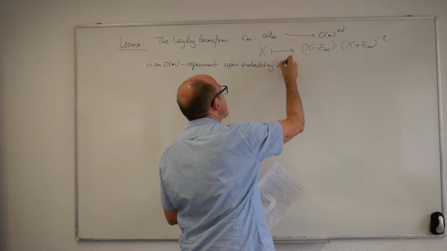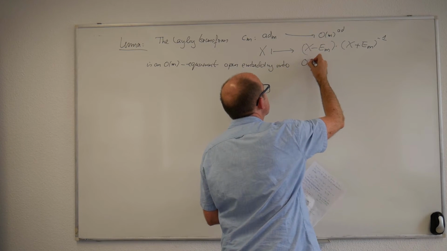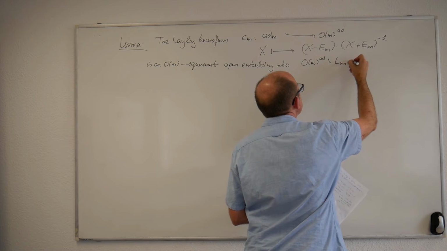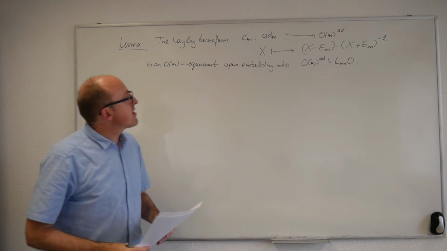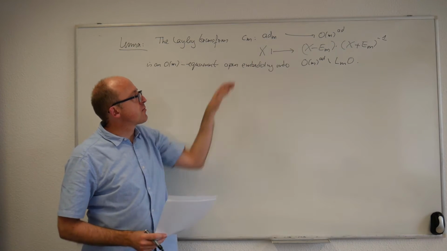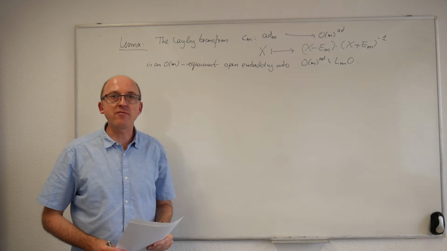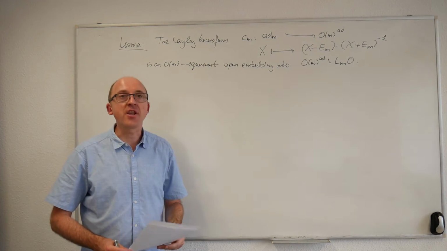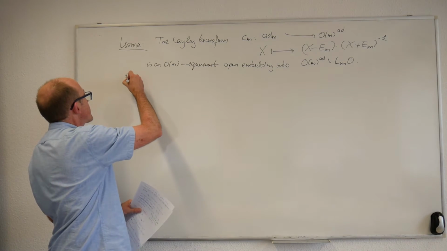This map, I claim, is an O_m equivariant open embedding onto the open subset that is exactly the complement of the Lecce space. Equivariance refers to the conjugation action on both sides, and this is the easiest part. I won't even bother to prove anything about it, that this map is compatible with the conjugation action of the orthogonal group on both sides.